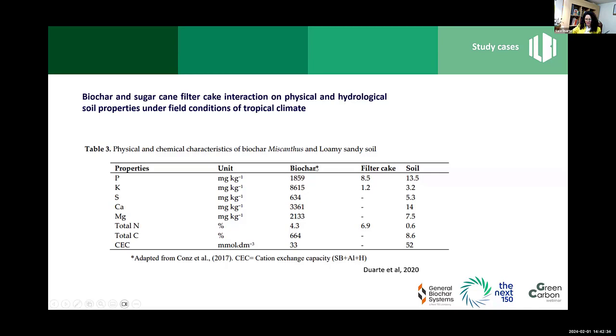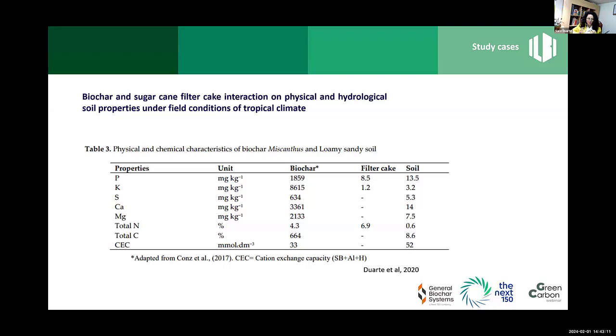Phosphorus, as you can see here, is 138 times more than the phosphorus that we have in the soil. Potassium, for example, is more than 2,600 times more than the potassium that you have in the soil. And this is the same with the other nutrients. So biochar has a huge concentration of nutrients in it.